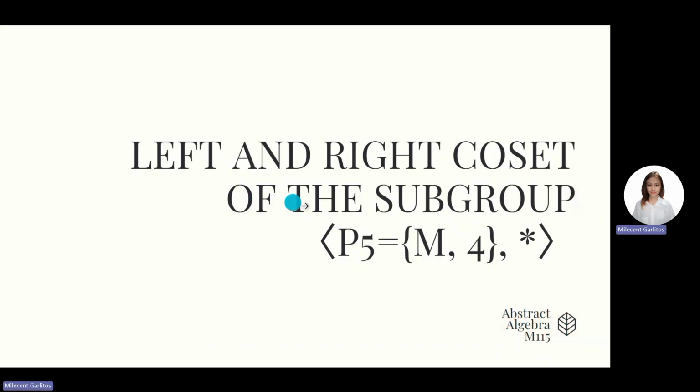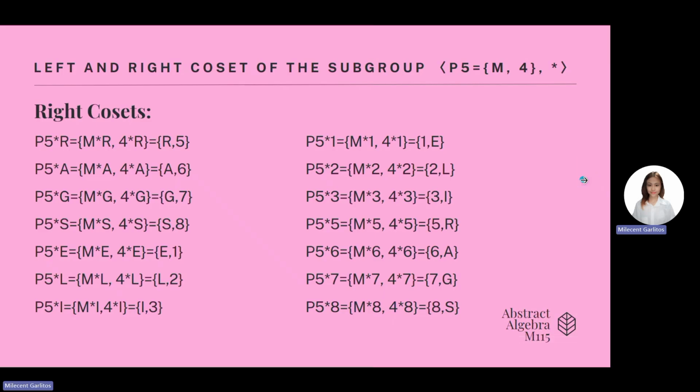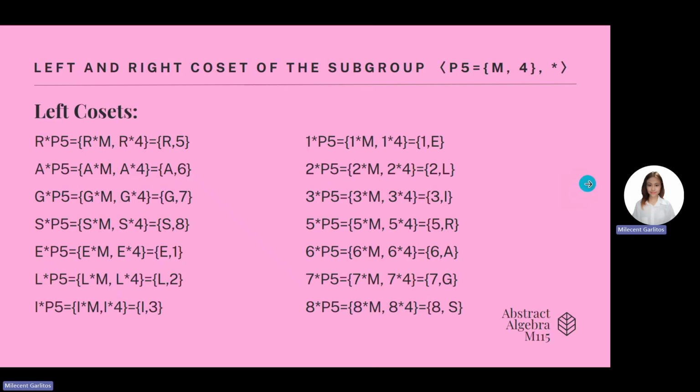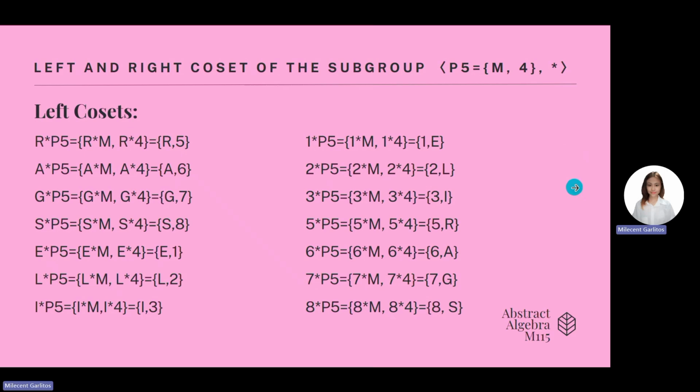Next one is the left and right coset of the subgroup P sub 5, which is the set of M and 4 under binary operation. So for the right cosets, we operate the subgroup of P sub 5 to the right part of our remaining elements. And for the left cosets, we perform the subgroup of P sub 5 to all the remaining elements in their left part, and it can be observed outcomes from the right cosets and the left cosets are the same.